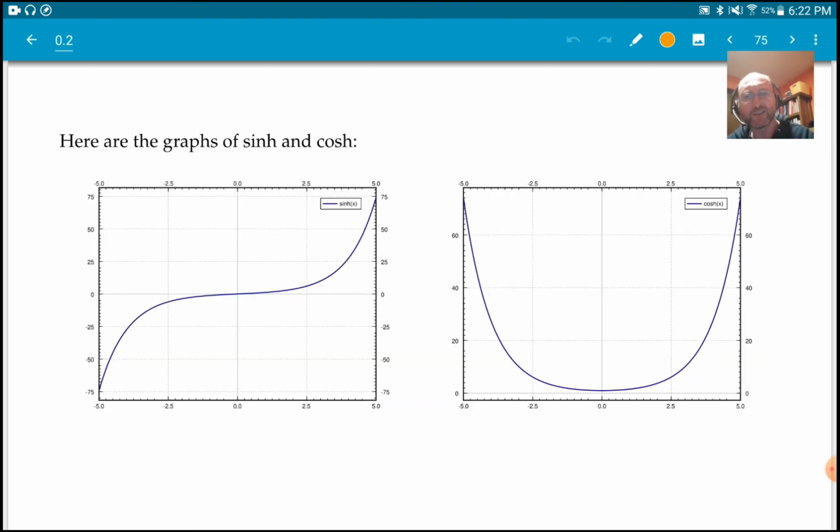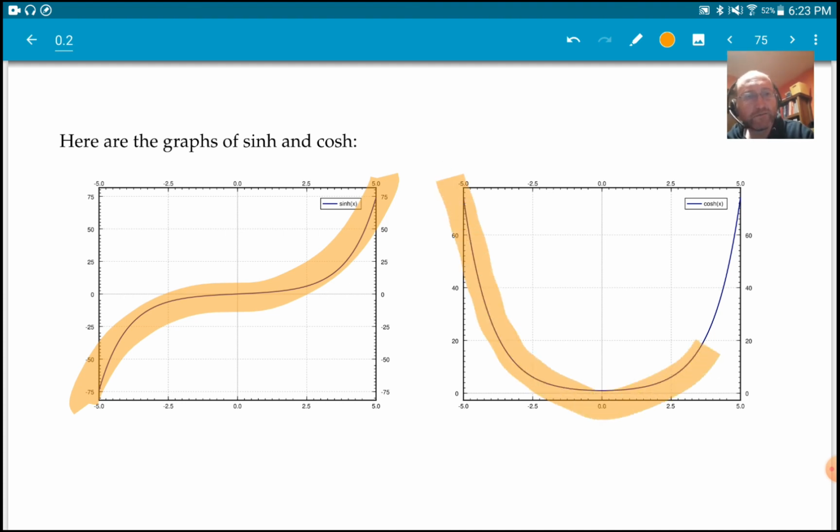Let's look at the graphs of these. So sinh looks like this. It goes off to infinities. As x goes to negative infinity, sinh goes to negative infinity. As x goes to plus infinity, sinh goes to plus infinity. So it doesn't oscillate like sine. And cosh looks like this. It has this shape. It goes to plus infinity on both sides, and again, it doesn't oscillate.